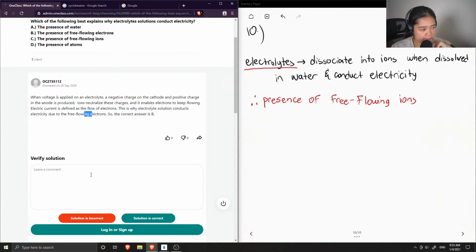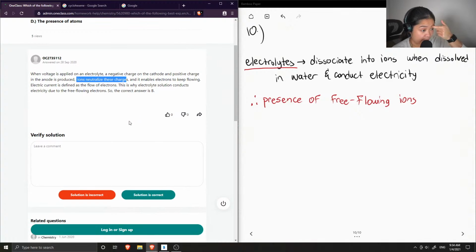Okay, so it's true that we need free-flowing electrons in order to conduct electricity, but the point of an electrolyte solution, again, is because they are able to dissociate into their ions, which is also needed to conduct electricity.